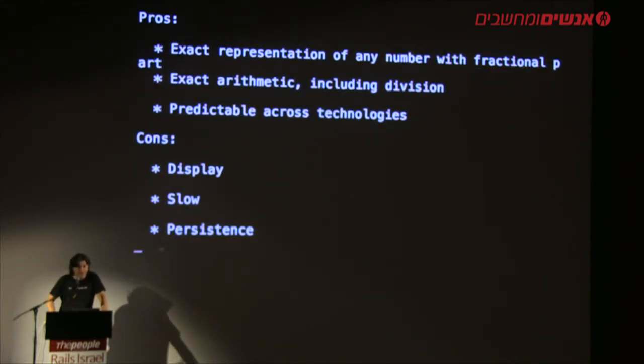They have some nice properties, and they had the exact properties that we needed for our problem. You have exact representation of any fractional number. They have exact arithmetic. That's what we need.